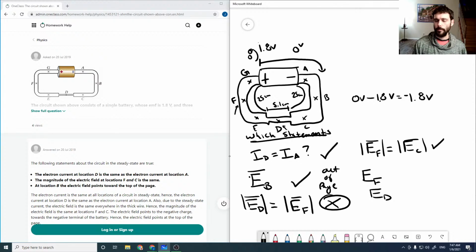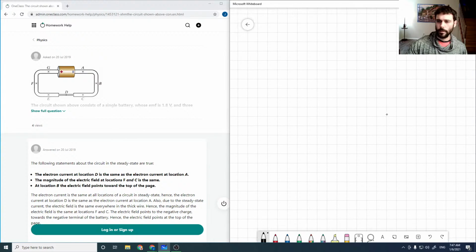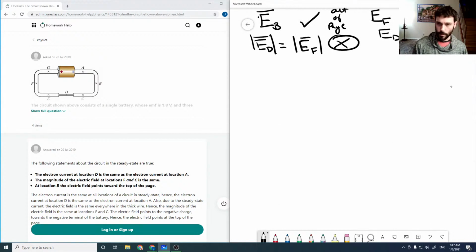So just to expand on this a bit, I'm just going to redraw here. So we've got a plus minus, a thick wire, and the thick wire's length is 25 centimeters.